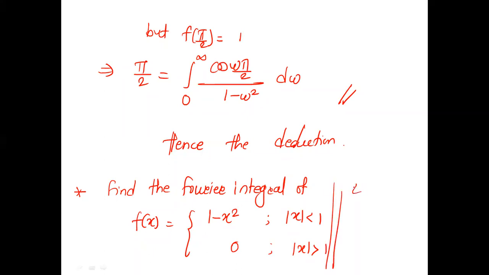I write here, and hence evaluate the integration 0 to infinity x cos x minus sin x upon x cube into cos x by 2 dx. And one more thing, there is no x in your integration.